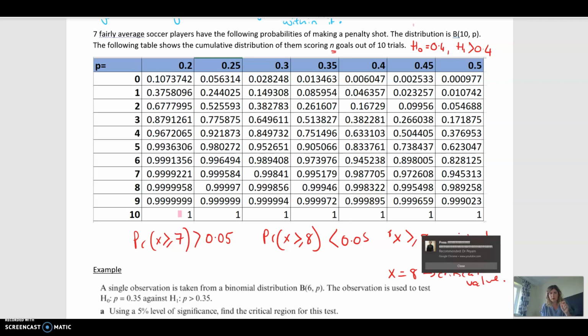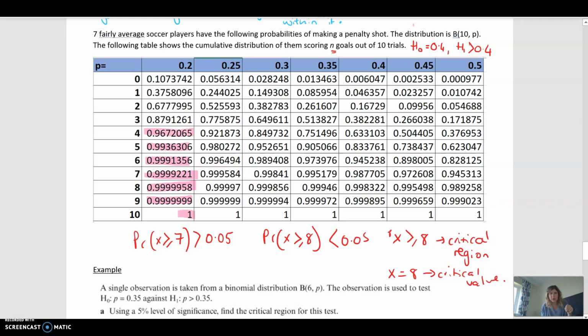So here I've got 100% probability, 0.99, 0.99. So if you look at the 1 minus from that, that's still going to be less than 0.05. Okay, this one, 0.01.